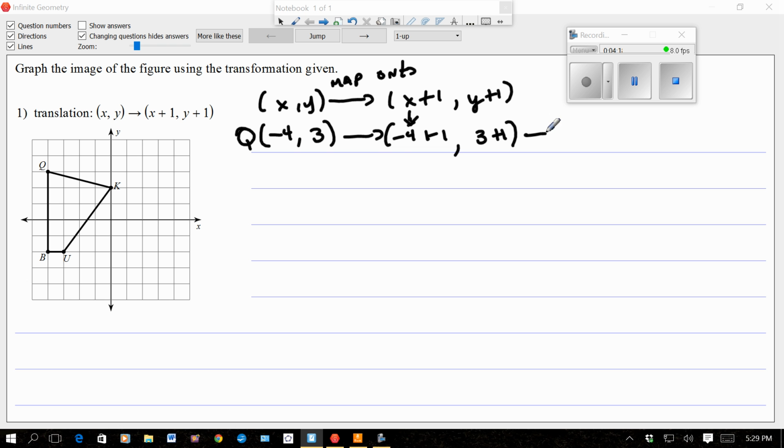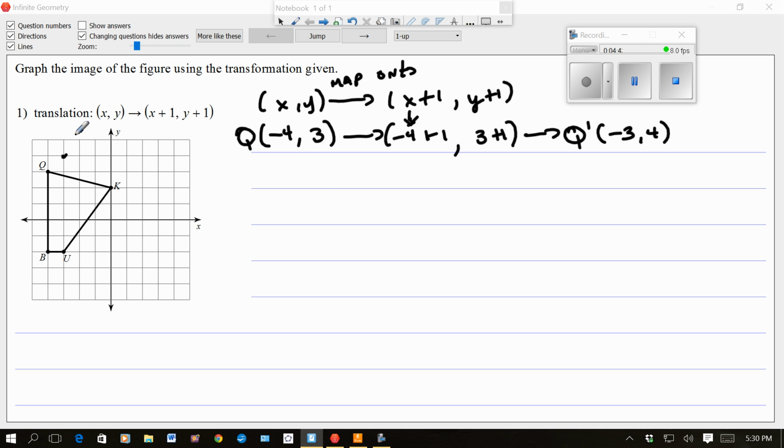Well, this gives us a new coordinate. This will give us Q prime. So if I take negative 4 plus 1, it's negative 3, and I take 3 plus 1, it's 4. So let's plot this point, negative 3, 4. Here's negative 3, and here's positive 4.